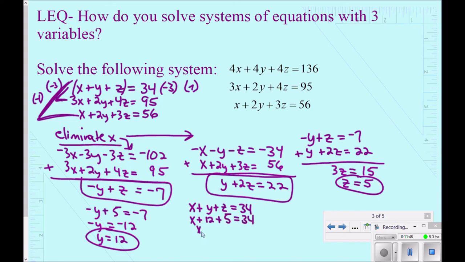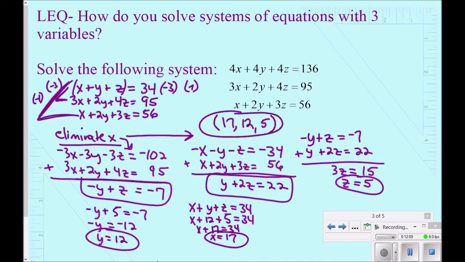So 1x plus 17 should equal 34, which means x should equal 17. Now I have my x, y, and z. Remember, these are planes, and if I graph them, the planes intersect at one coordinate point, and that coordinate point is 17, 12, 5. That is the solution to this system of equations.